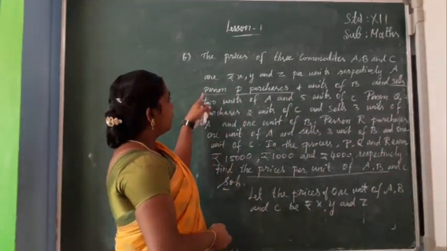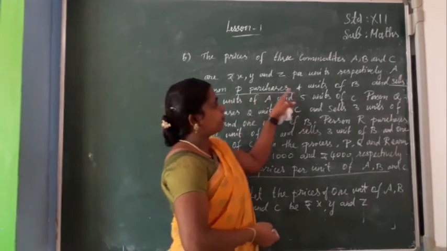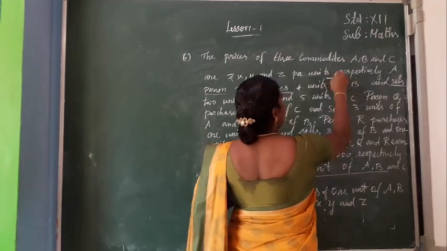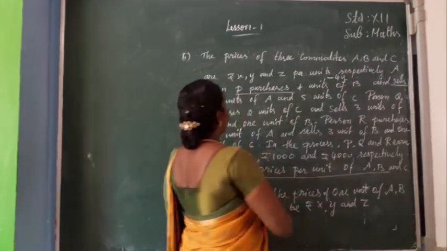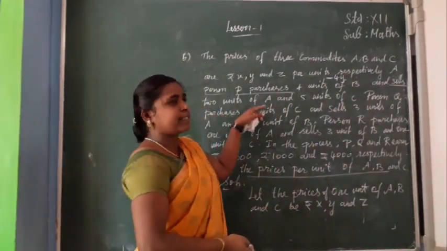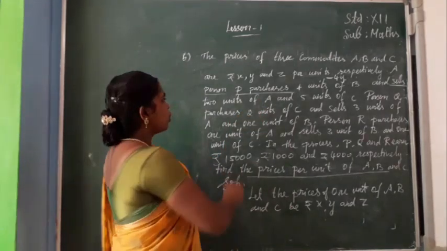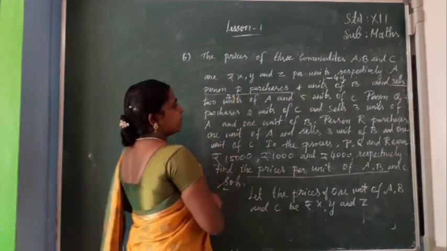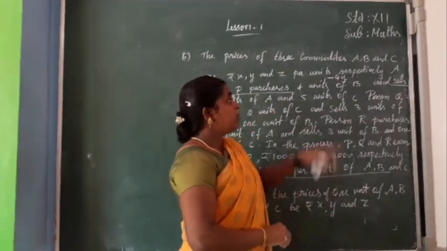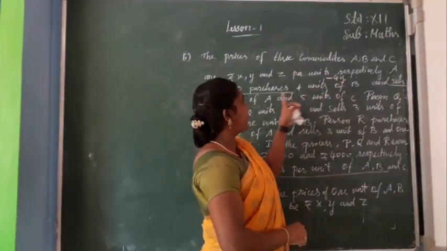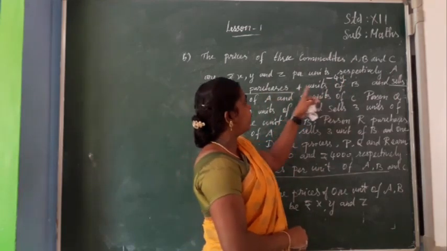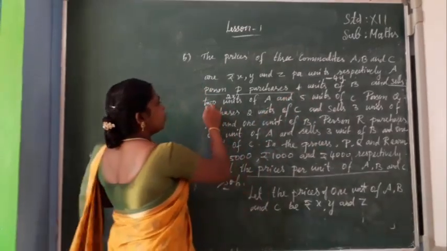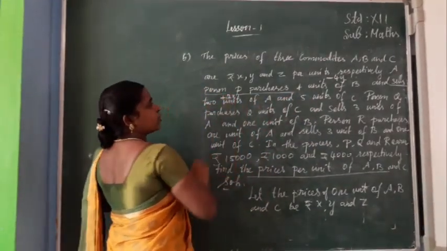So here, a person P purchased 4 units of B. B denote Y, isn't it? So minus 4y and sells 2 units of A. Sales means plus, so plus 2x.